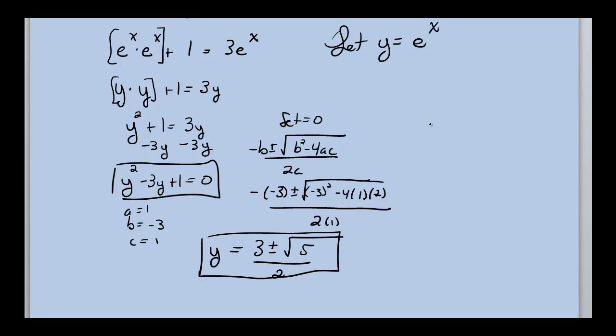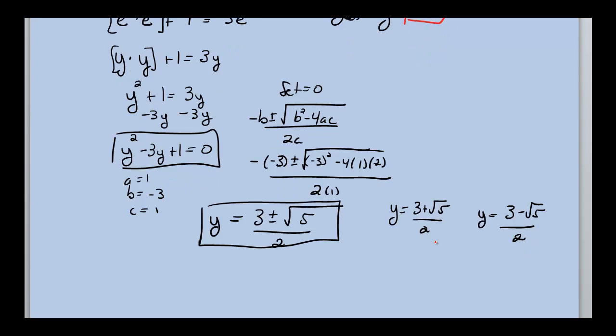However, we're not done. We know that I have two answers. I have y equals 3 plus square root of 5 all over 2, and I have y equals 3 minus square root of 5 all over 2. But I didn't start out with a value of y, I started out with a value of e to the x, and our goal was to solve for x. So now, everywhere I see a y, I'm going to plug in e to the x.